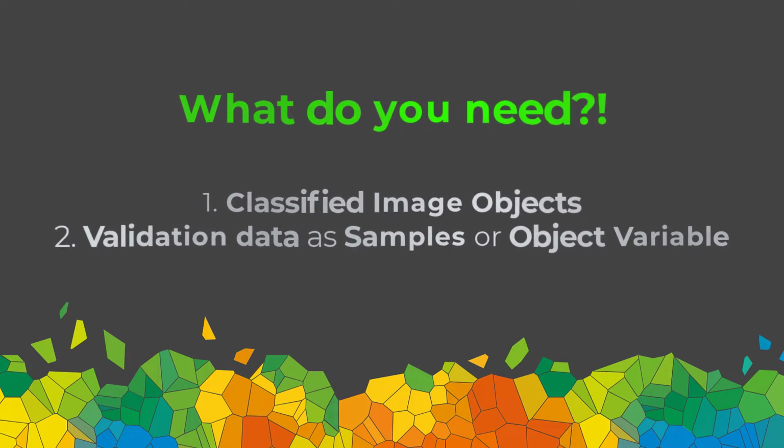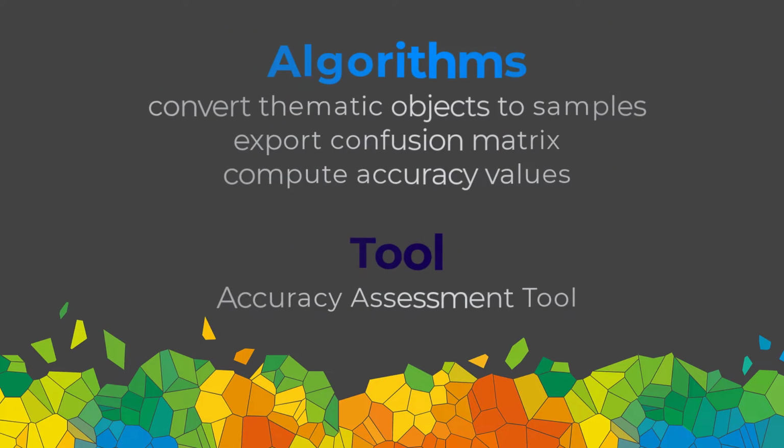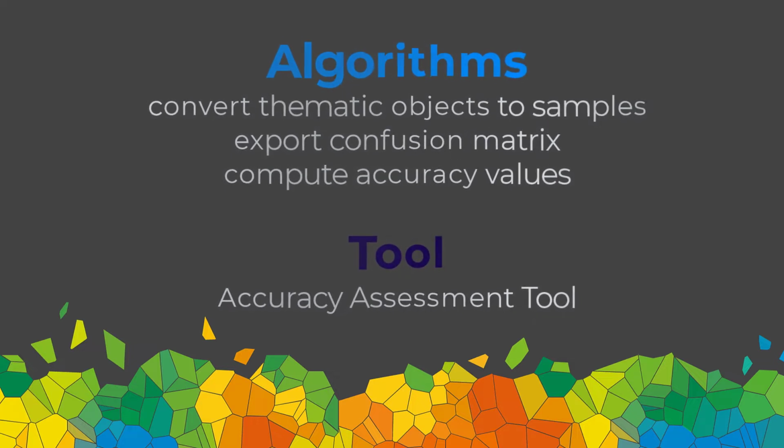That's also possible. Or you can create object variables and do the accuracy assessment based on the object variables. So if you don't have a thematic layer or a raster with ground truth data, you can do it also manually in eCognition. Easy. And this new algorithm, convert thematic objects to samples, is very nice because you also can map the different names of your vector compared to your class hierarchy right in eCognition.